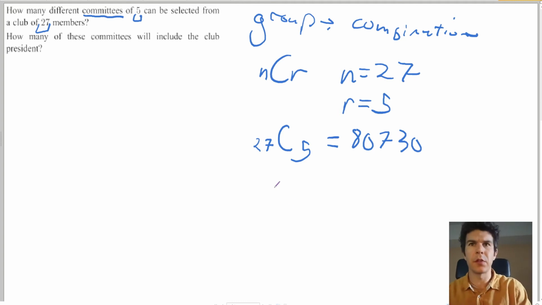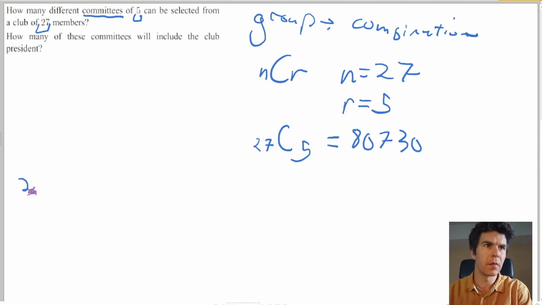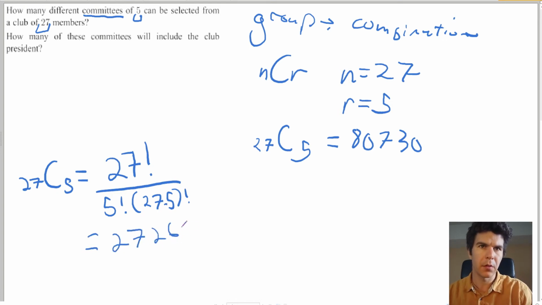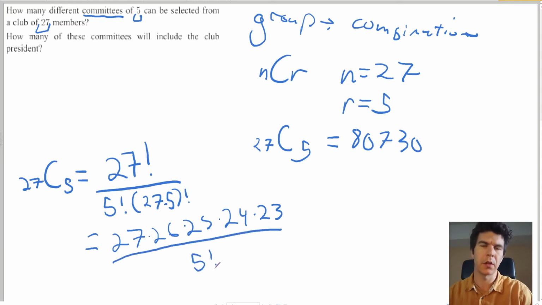If we think about the definition or the full equation for nCr, we will see 27 choose 5 is 27 factorial over 5 factorial times 27 minus 5 factorial, which, simplifying, gives us 27, 26, 25, 24, 23 over 5 factorial.